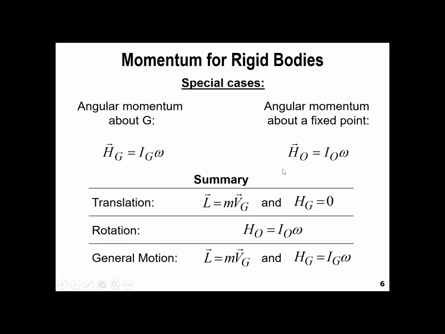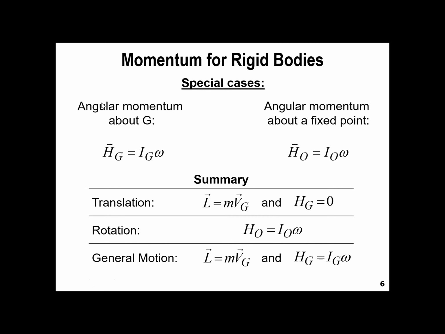And in summary, if you have translation, because omega is 0, H about G will be 0, you have only linear momentum. If you have rotation, H about O, IO omega. And if you have general motion, you're going to have linear momentum and angular momentum, right?